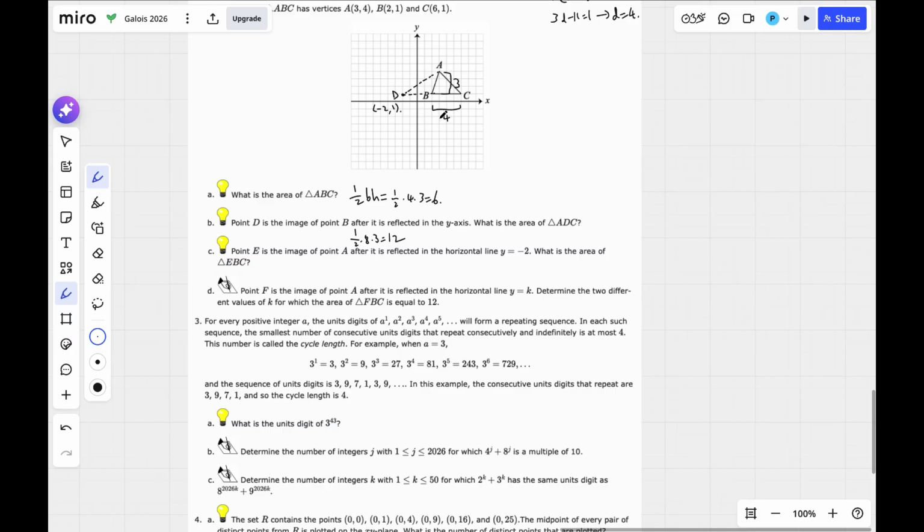For part C, point E is the image of point A after it is reflected in the horizontal line y equals -2. So let's erase this to make some space.